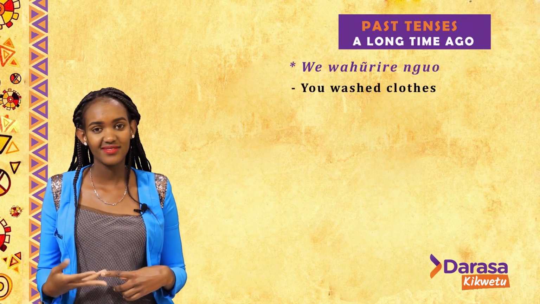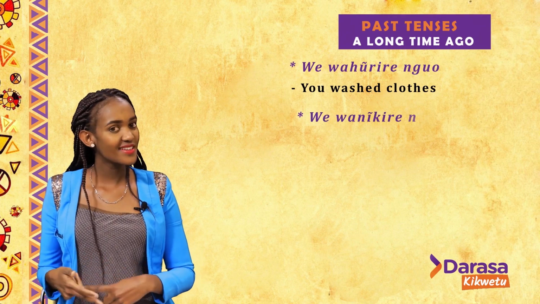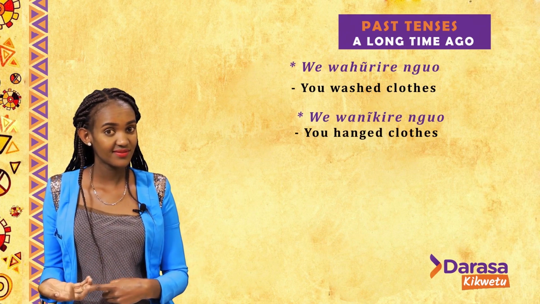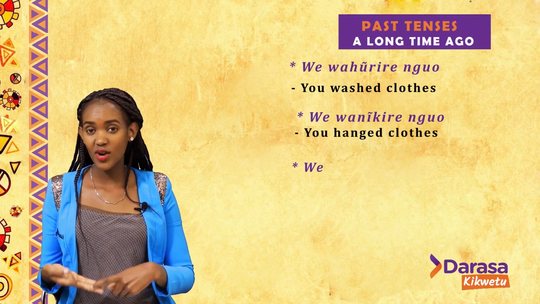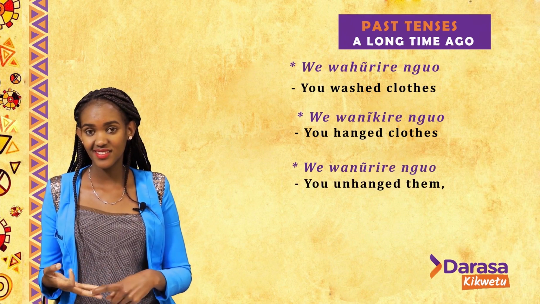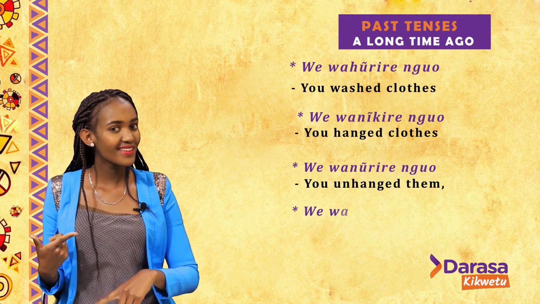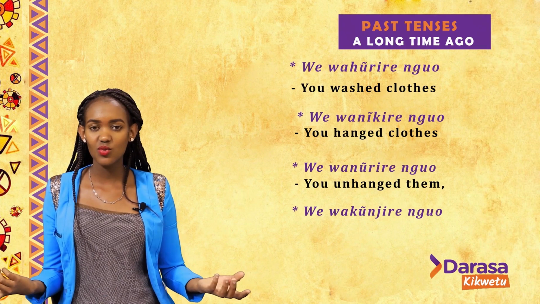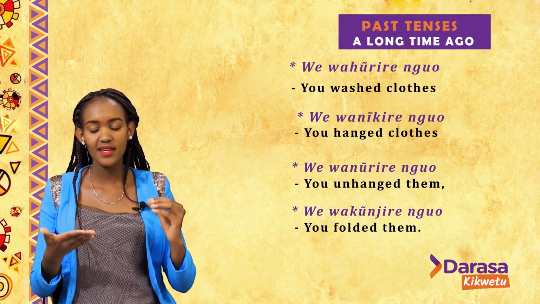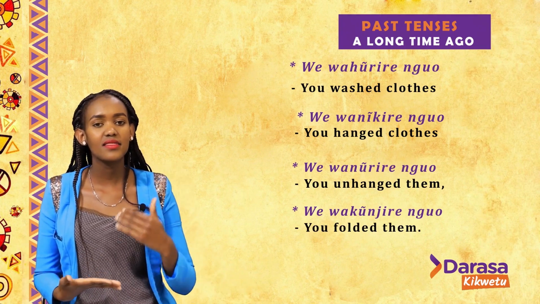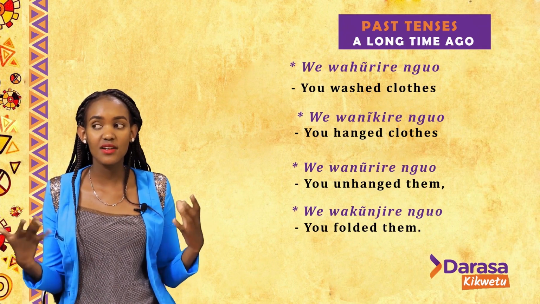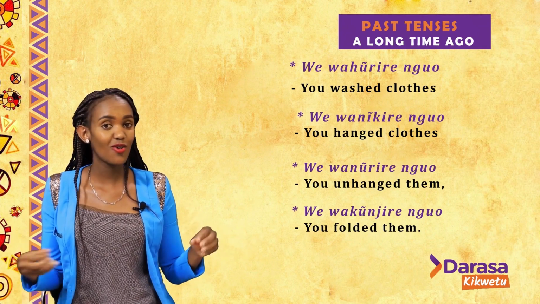Where wahurire nguo, where wanikire nguo, where wanurire nguo, where wakojire nguo. So as you can see, we are repeating where that. It's like we are repeating ourselves whether we put where or not.